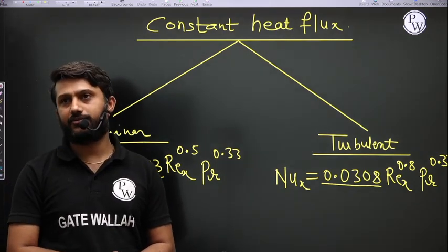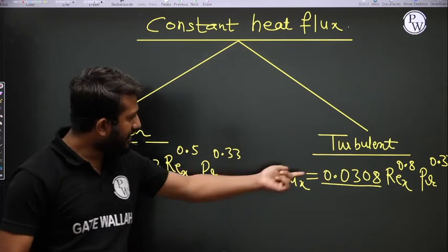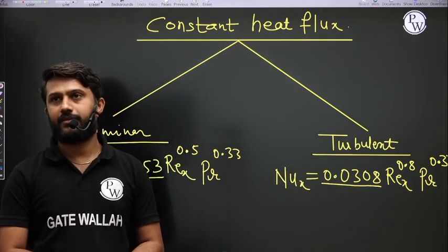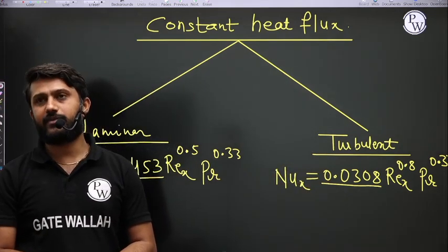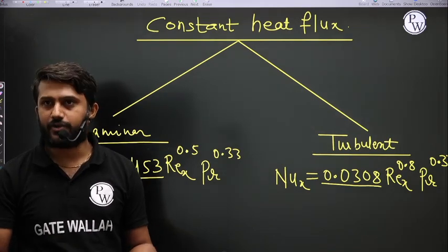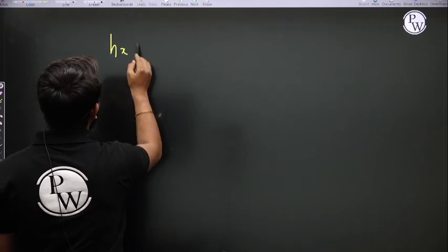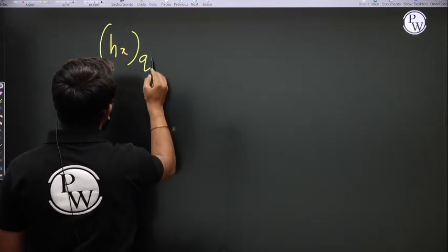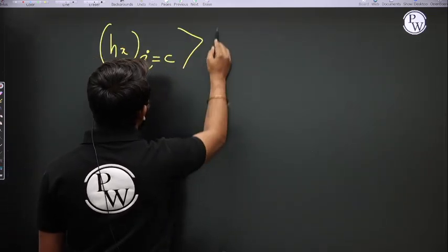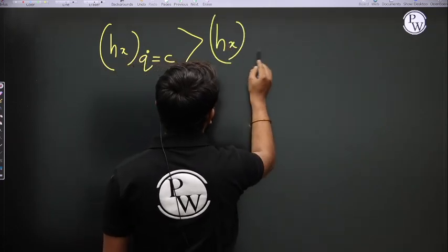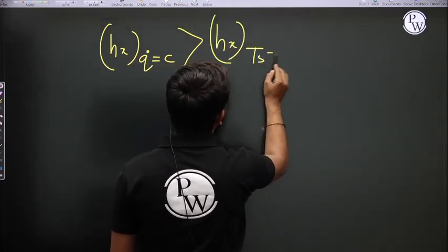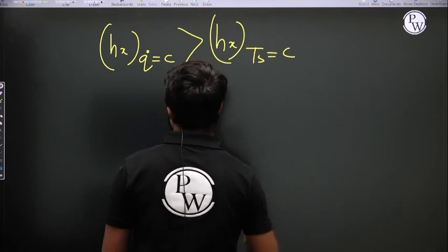In case of the turbulent, this factor is 0.0308 versus 0.0209 for constant wall temperature. So definitely, hx calculated by the constant heat flux case is always greater than the hx value in case of the constant surface temperature or constant wall temperature.